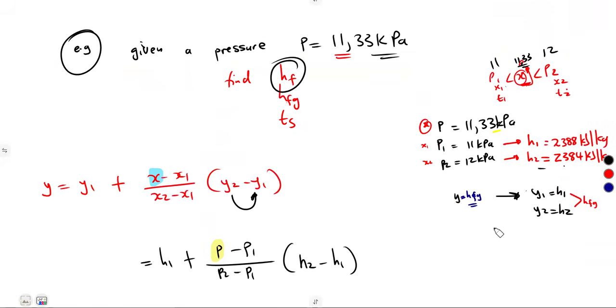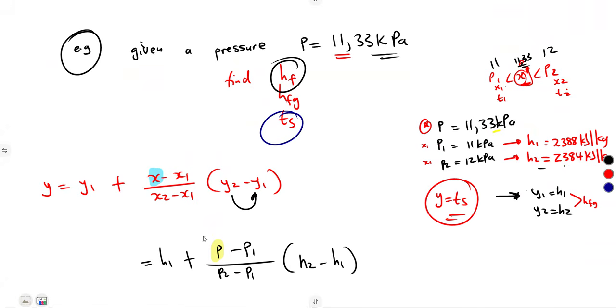The temperature. So if you are dealing with the temperature now, meaning the Y value, remember that is what is to be calculated, the required value. So if our Y value this time is representing Ts, the saturation temperature, then this will be Ts.